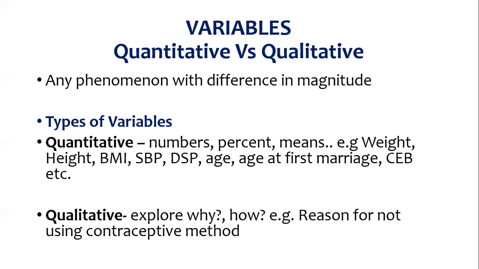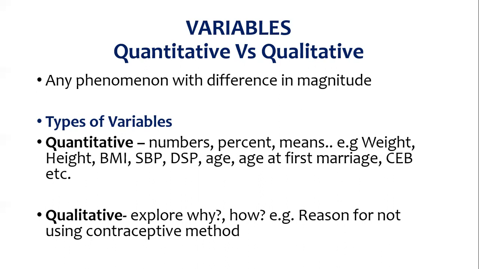So weight, which is in kilograms, depending on which SI unit you are using. Height, which could be in meters or feet or centimeters. The BMI can be quantified. Systolic blood pressure can be quantified. Your age or age at first marriage can be quantified.